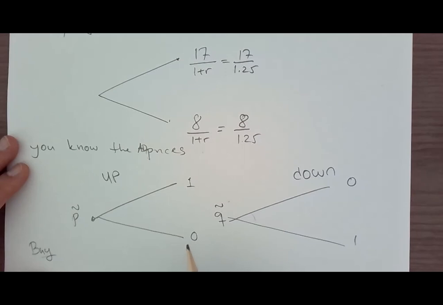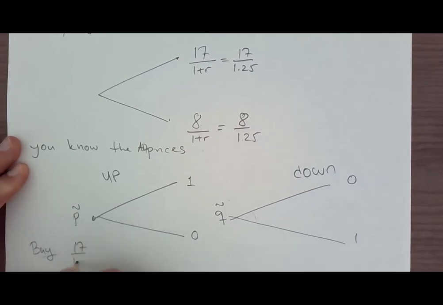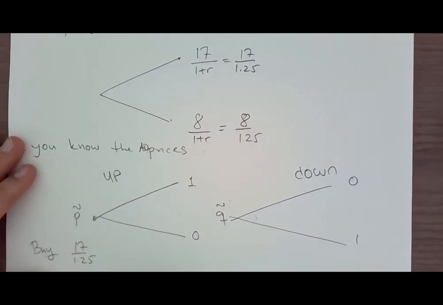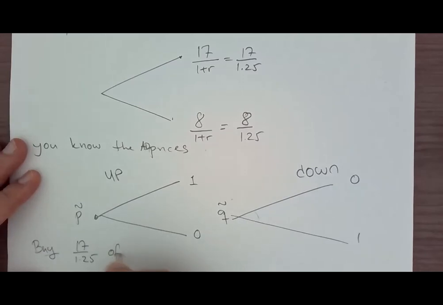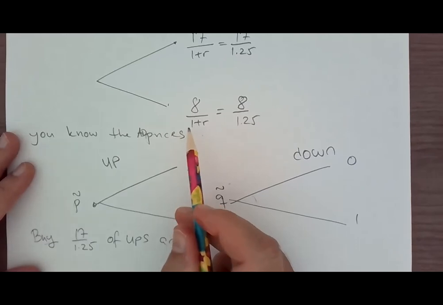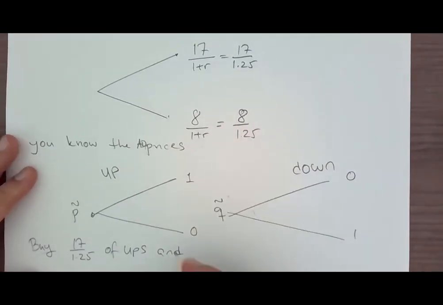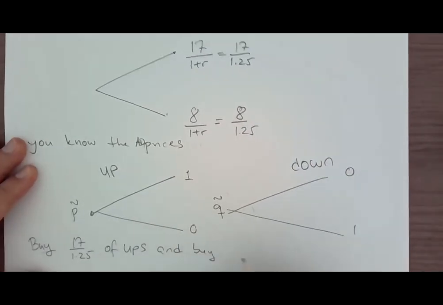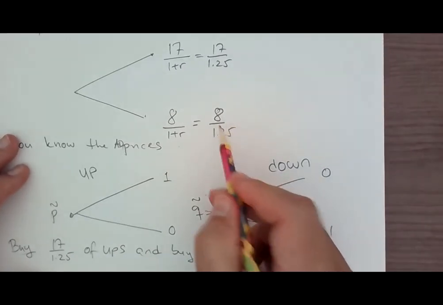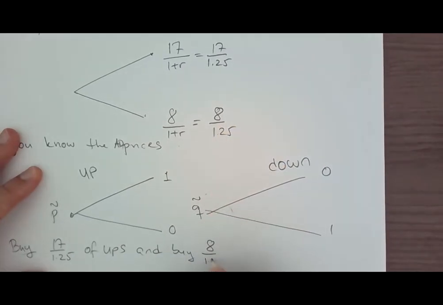That'd be 17 over 1.25. And should we buy or sell the downs? It comes with a plus, so we're going to be buying. How many do you want to buy of the downs? Well, 8 divided by 1.25 of downs.